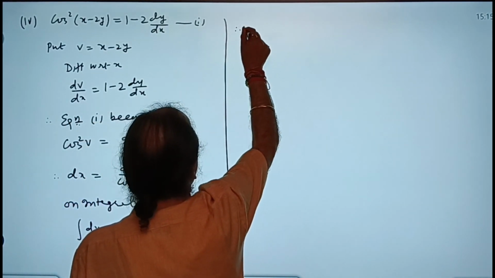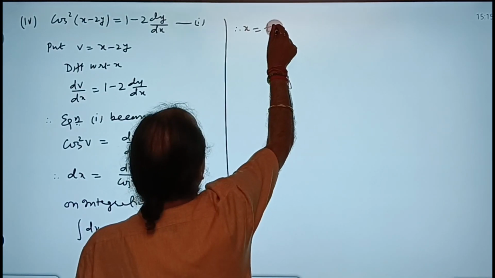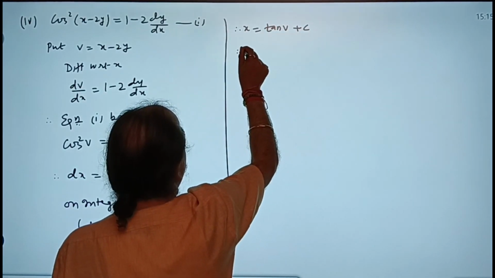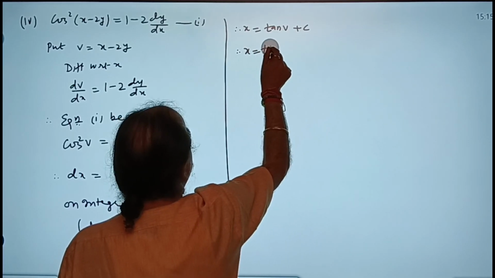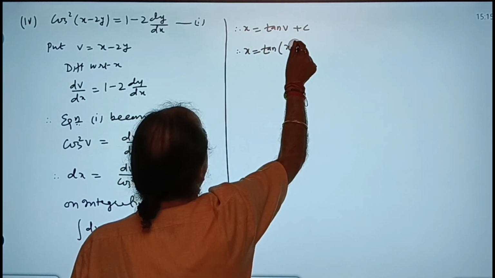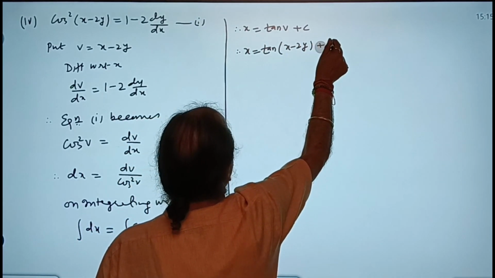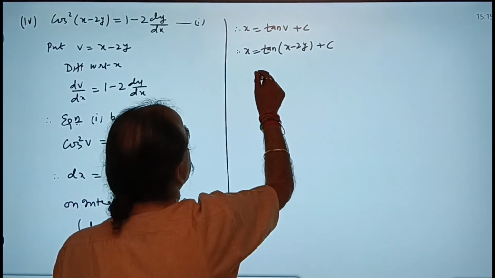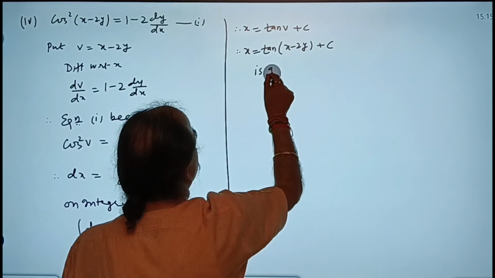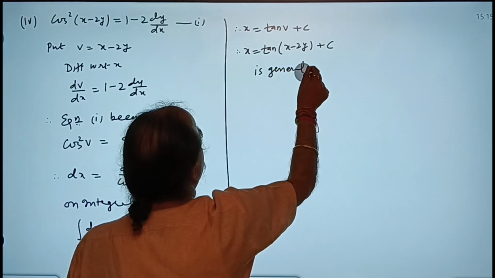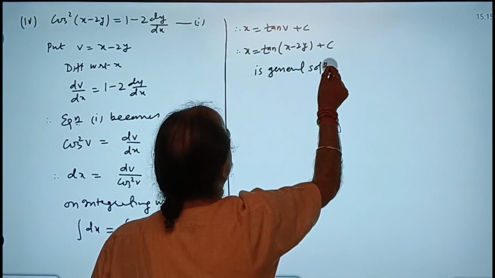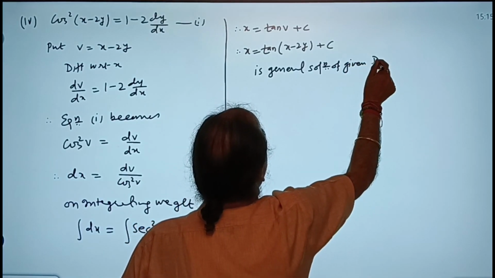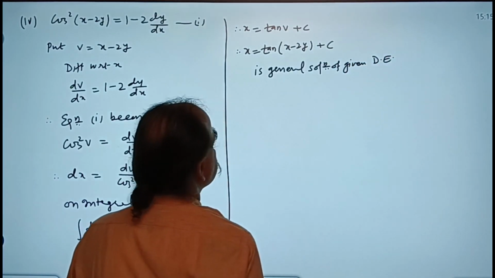Integral dx is what? x. tan v plus c. x is equal to tan of x minus 2y plus c is the general solution of the given differential equation.